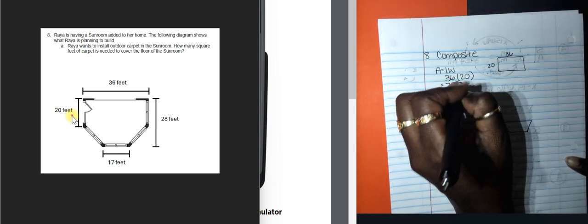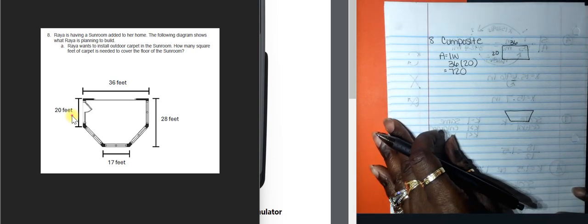But because it's a parallelogram, we can look on the opposite side and see what we see over there. I noticed that on this side it's 20. So I'm going to multiply that by 20. That means 36 times 20. That's going to give me 720. 36 times 2 is 72, and then add a 0.